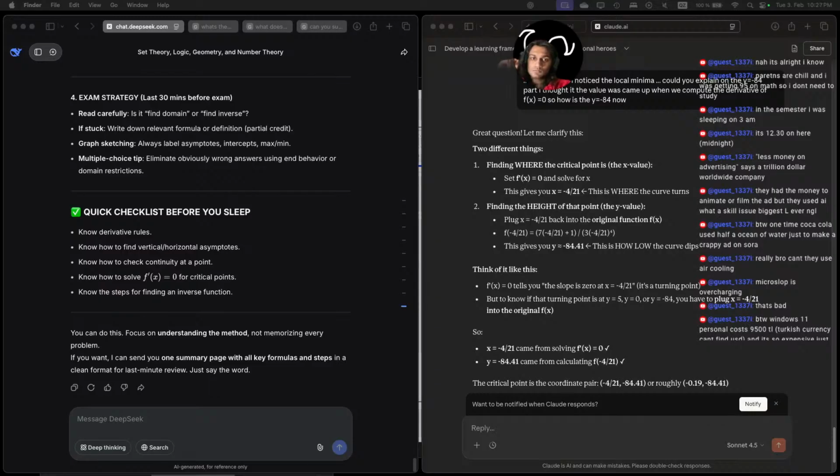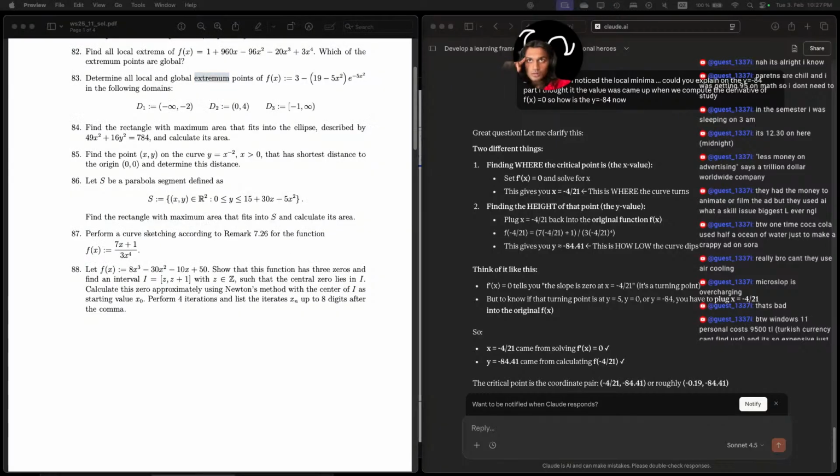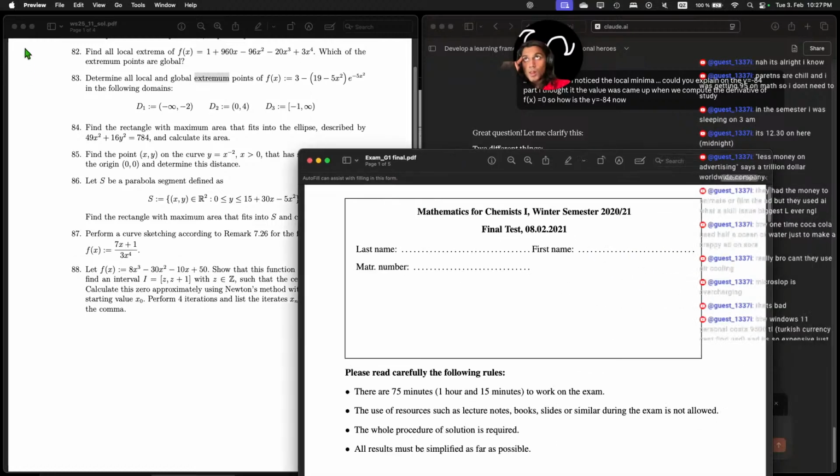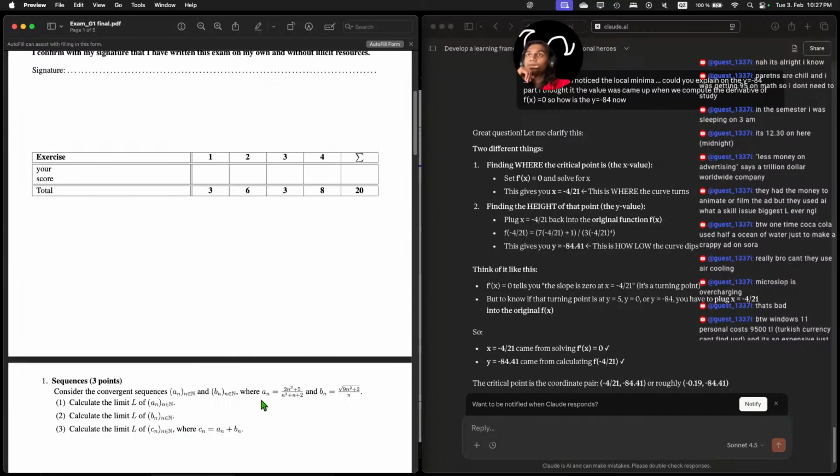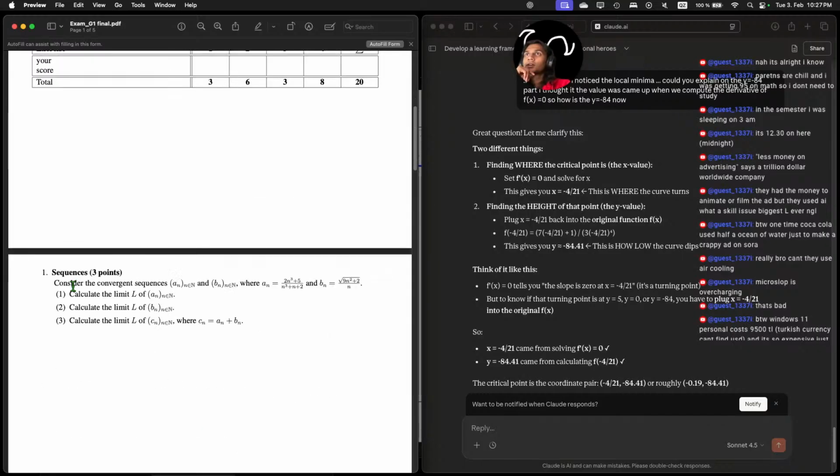Math. Final. Consider the convergent sequences. Ah, shit. I don't know what convergent is.